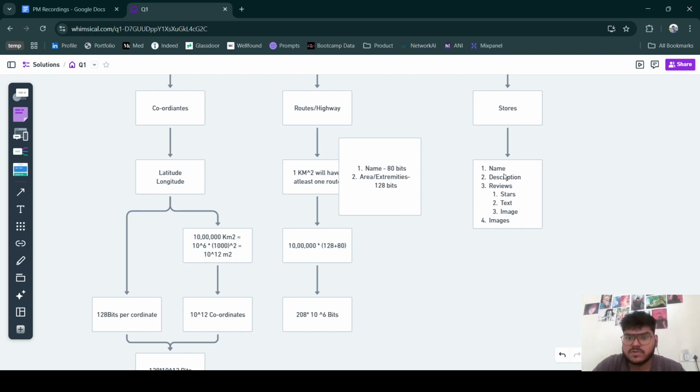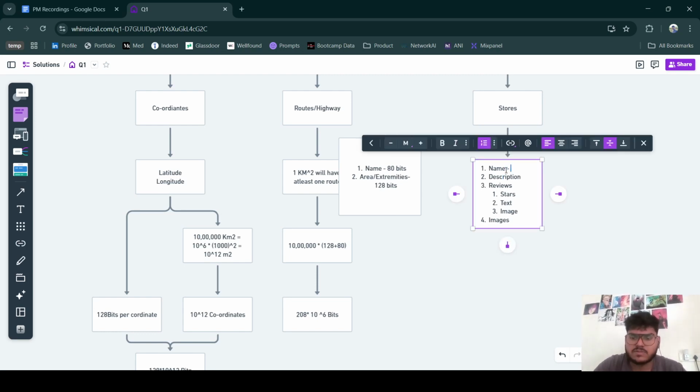So if I'm assuming each name will have 80 bits, if it's around 10 characters, and the description may be around, let's say if it's a two-liner description, two-liner may have 10 to 20 words.